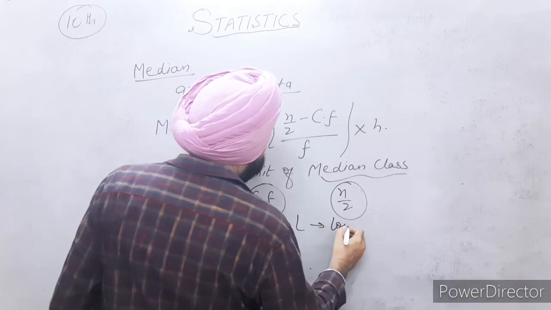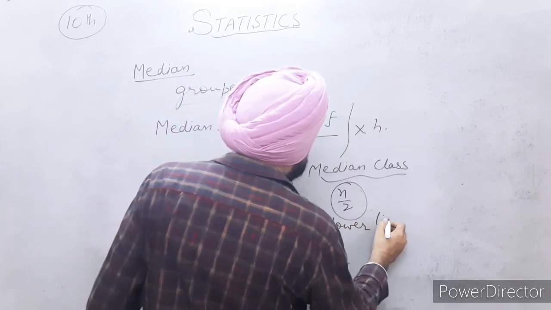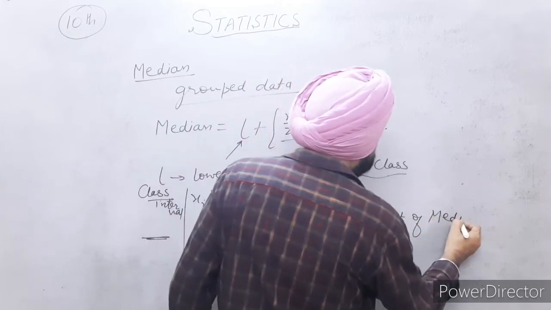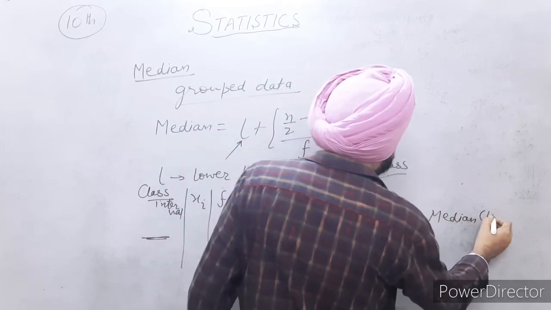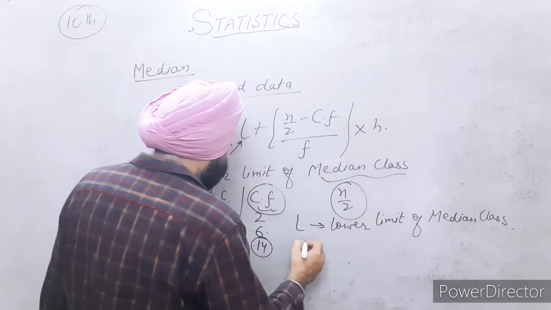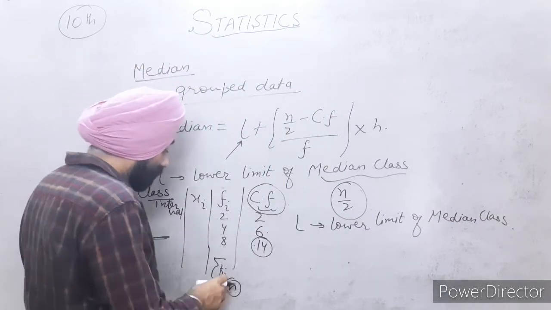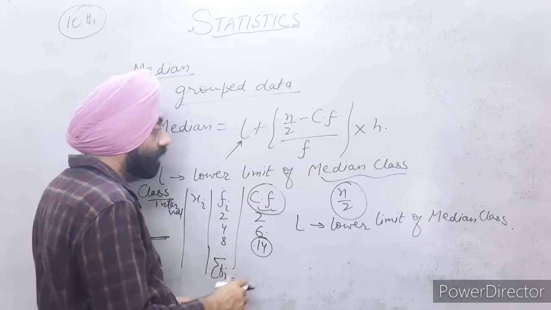L is the lower limit of the median class. n by 2 is the summation of fi divided by 2.